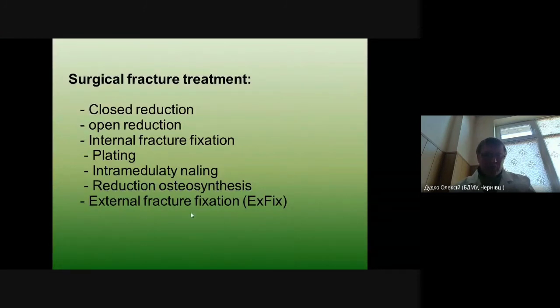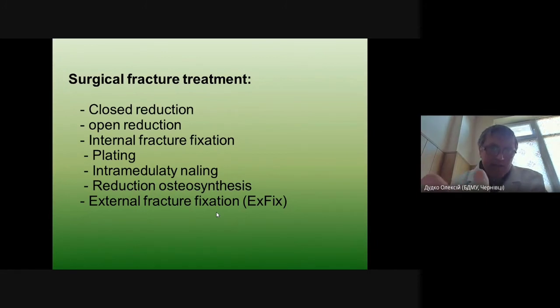So usually when we use reduction osteosynthesis, we use an external fixator additionally, or we can use a POP bandage. That's actually all the surgeries, all the osteosynthesis that we do for fractures, in this scheme.